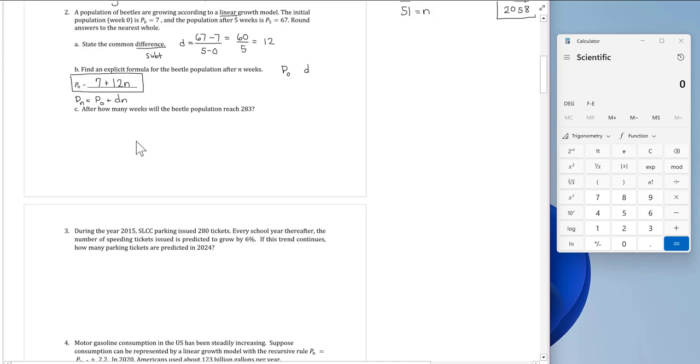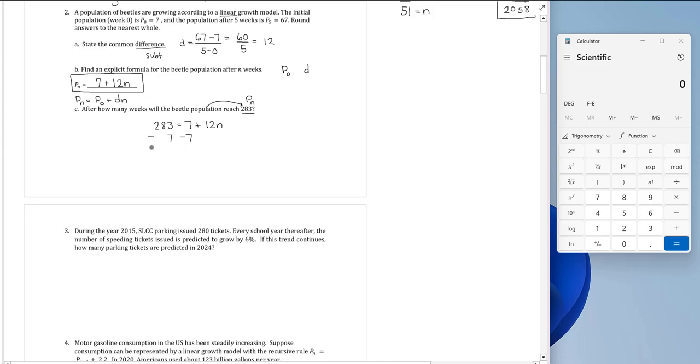Part C. After how many weeks will the beetle population reach 283? So since this is a population, I know that's p, and I'm trying to figure out the time or n. So I'm going to replace p sub n on the left-hand side with 283 equals 7 plus 12n. And now we just have a small equation to solve.